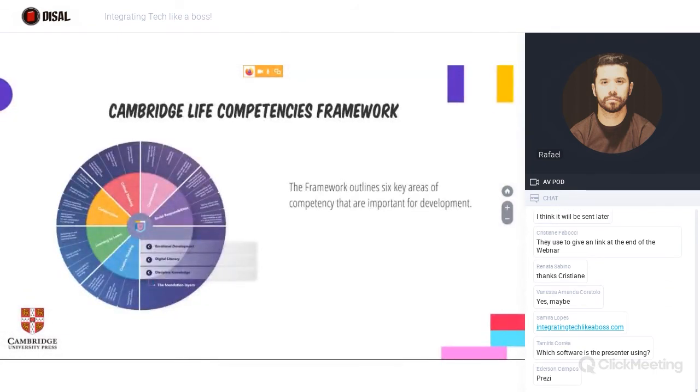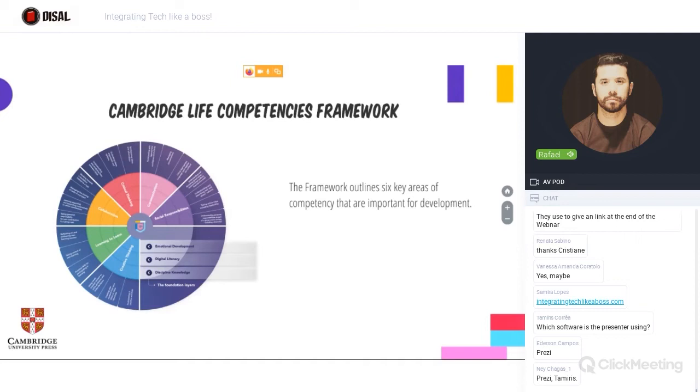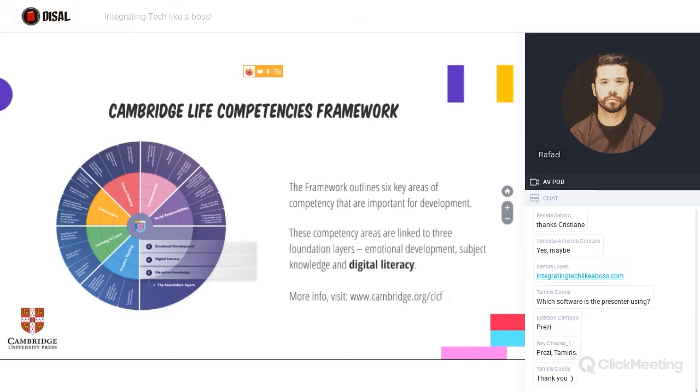So the framework outlines 6 key areas of competency that are important for development: creative thinking, critical thinking, learning to learn, communication, collaboration, and social responsibility. These competency areas are linked to 3 foundation layers.